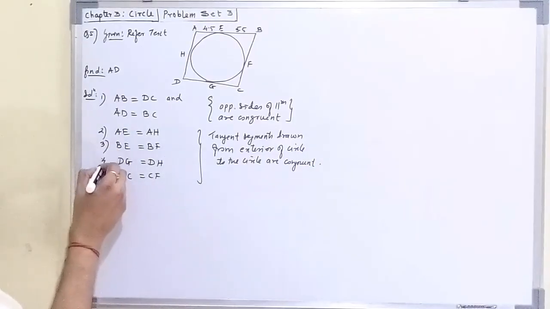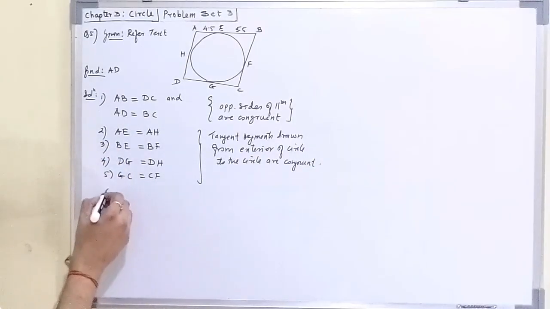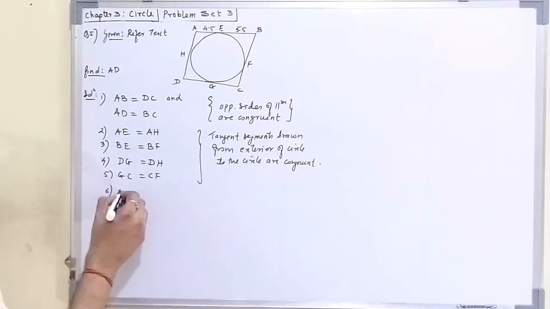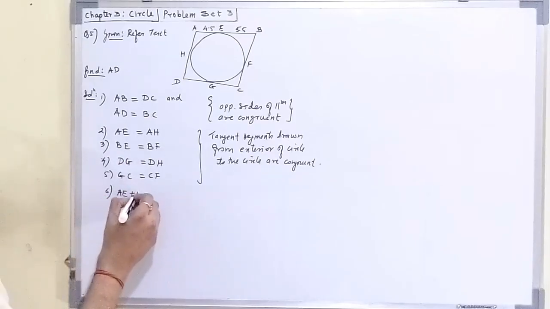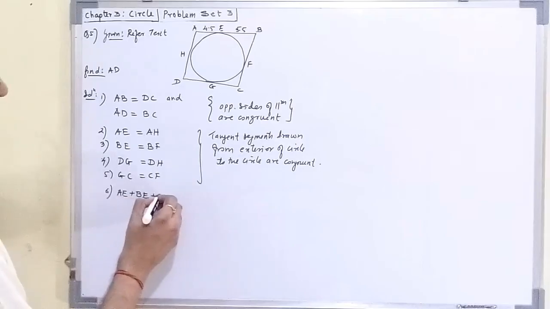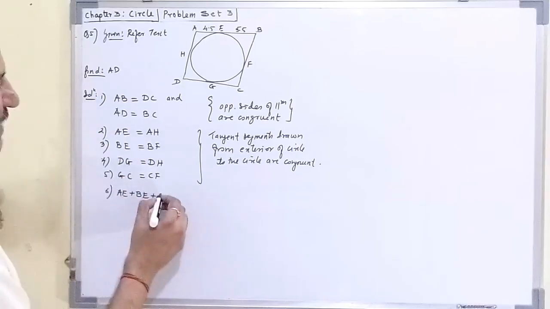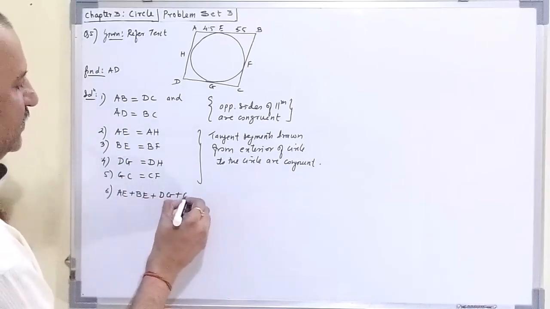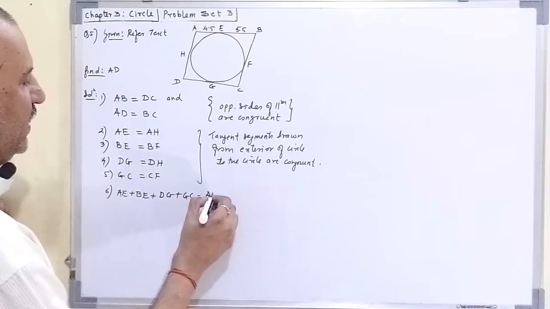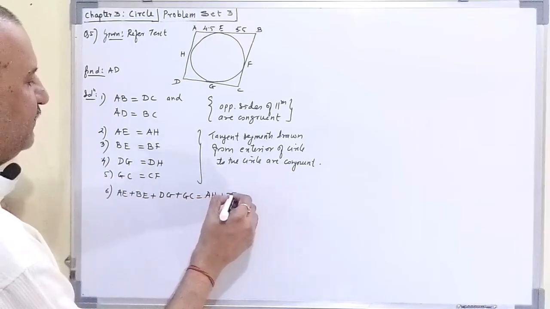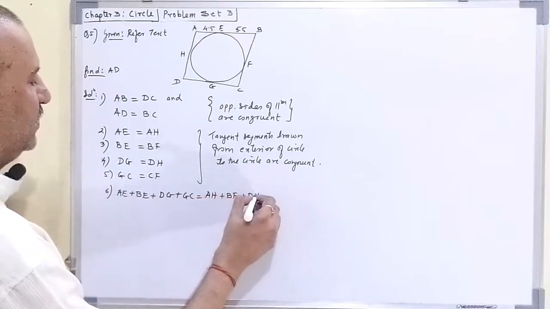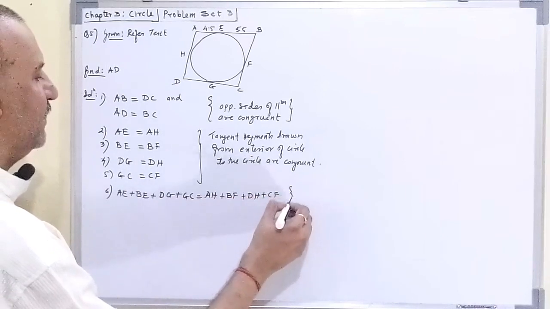Therefore AE plus BE plus DG plus GC equal to AH plus BF plus DH plus CF.